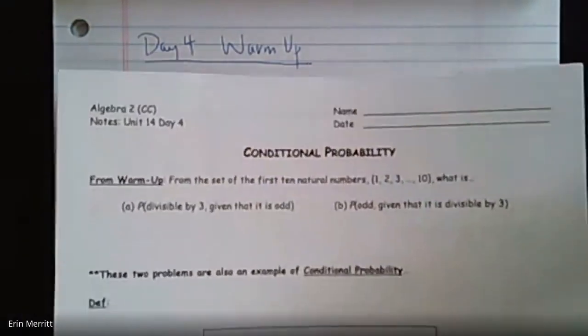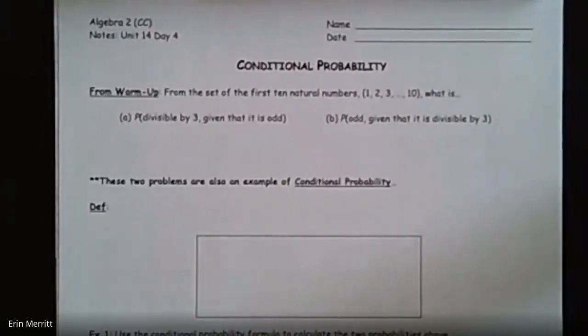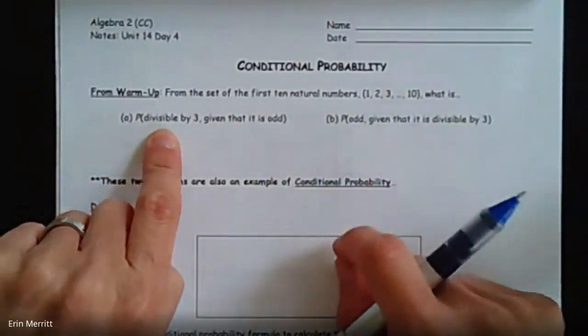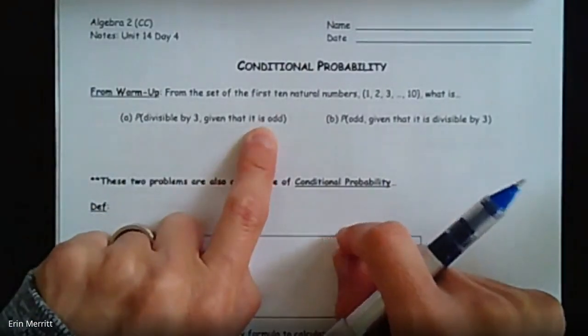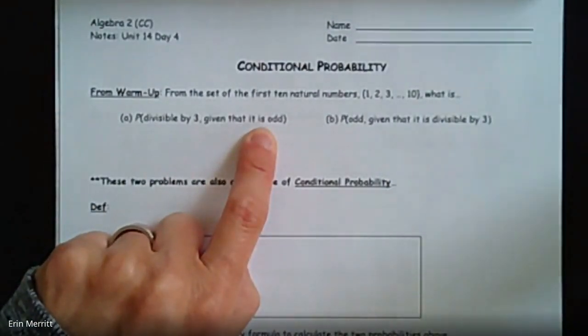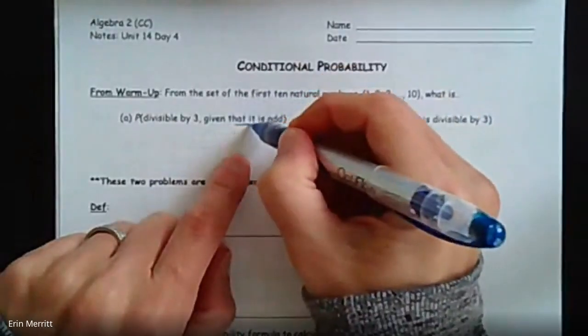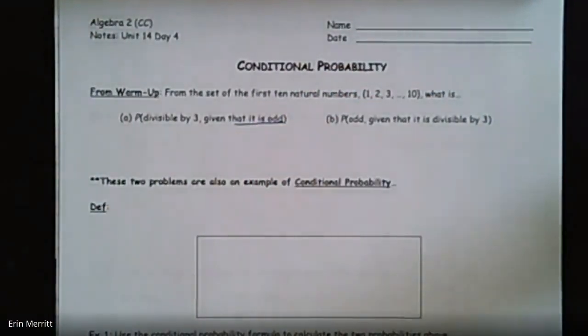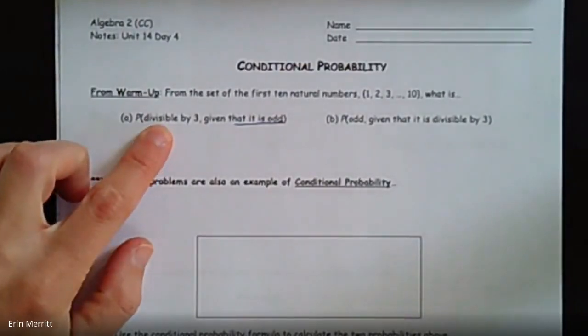So I'm going to slide the note packet underneath now, and I want to think about this. From those same set of numbers, what's the probability of picking a number divisible by 3 given that it's an odd number? All right, so in that case, when we say given that it's odd, it's got to be an odd number first, and then what's the probability that it's divisible by 3?